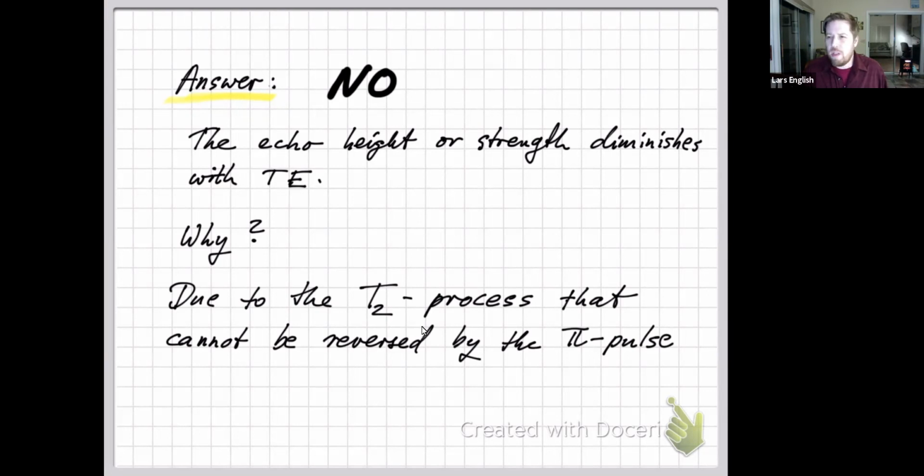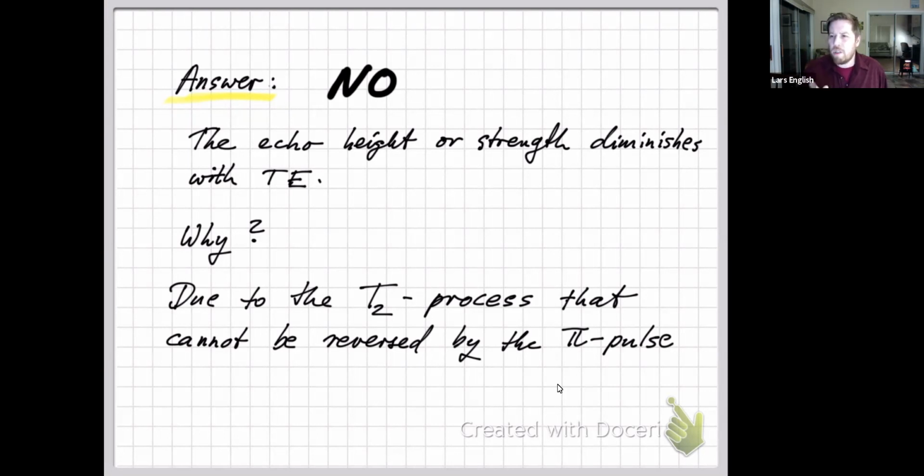So it just so happens, for quantum mechanical reasons, that the T2 process cannot be reversed by a pi pulse. So that type of dephasing due to the local chemical shift, since that's quantum mechanical and microscopic in origin, you cannot reverse it using a pi pulse.